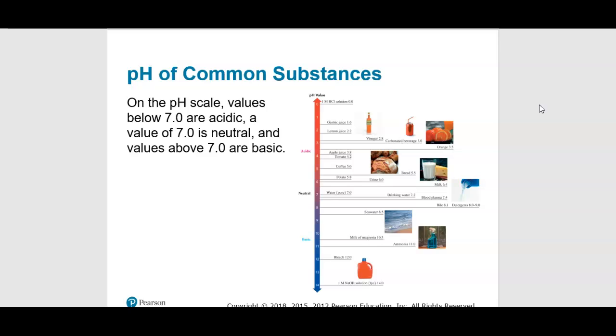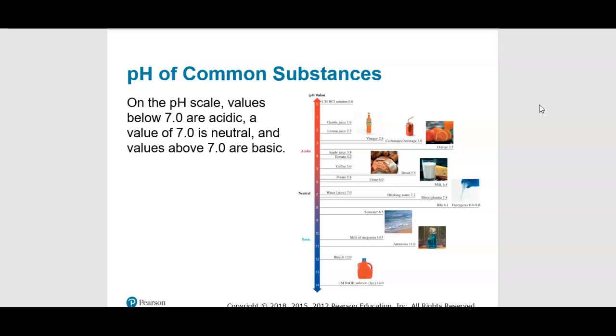Carbonated beverages are 3.0, so they're pretty acidic. Orange is at 3.5. And then you have apple juice at 3.8, tomatoes at 4.2, coffee at 5.0. A lot of these things are acidic. Even bread and potato are in the 5 point something range. Urine is at 6. These are all acidic.